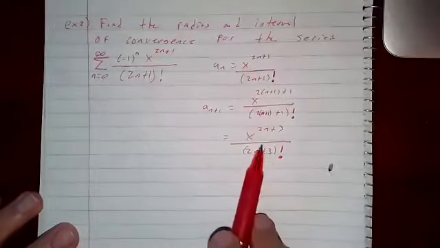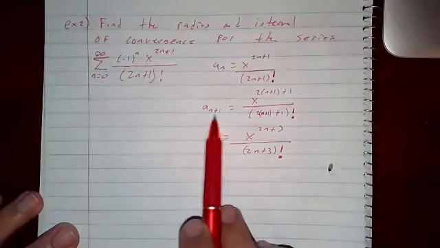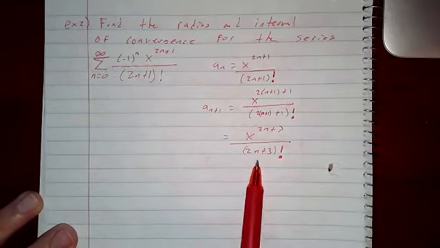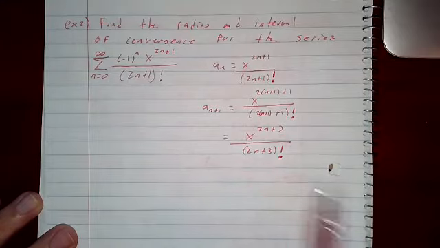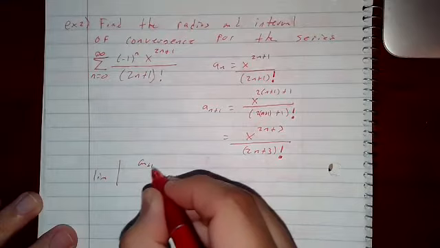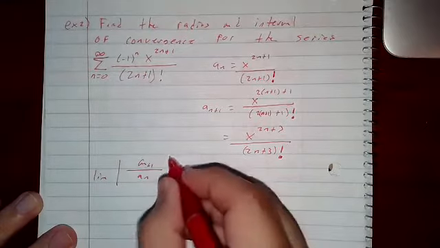Okay, you see what I did, right? I'm plugging in n plus 1 for n. Simplified it here, so this is my a_n plus 1. Now we can do our ratio. So the limit of the absolute value of a_n plus 1 over a_n.